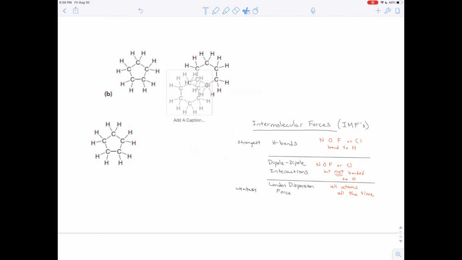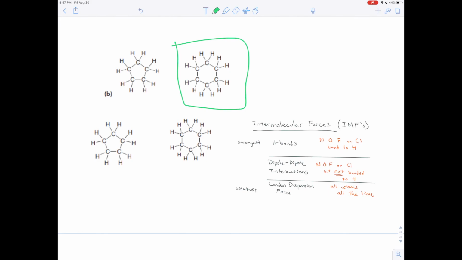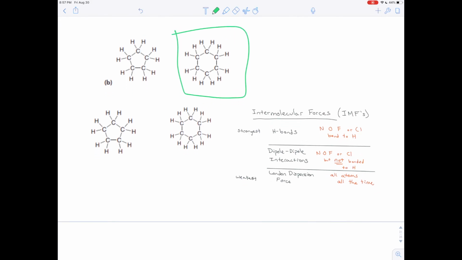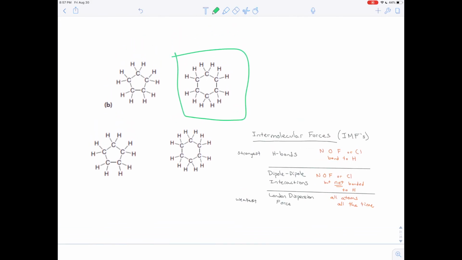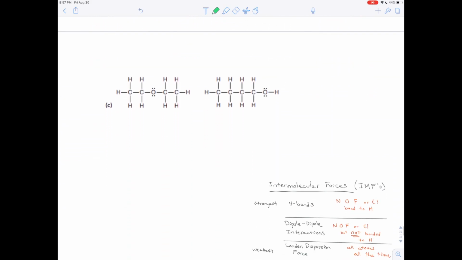This molecule on the right could do the same thing, line up, and each of the carbons and hydrogens have London dispersion forces, but you'd have more London dispersion forces, and so these would stick together better than the molecule on the left. So this would have the higher boiling point. And the reasoning you would want to write out would be the reasoning that I had written in green before.